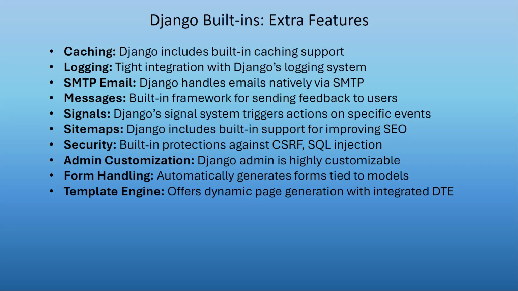It has sitemaps built in. It has way better protection built in already, and it stays more up to date than Flask and its third-party security packages. The admin panel is super customizable and easy to use. It has form handling and it has a great template engine, which I already noted.